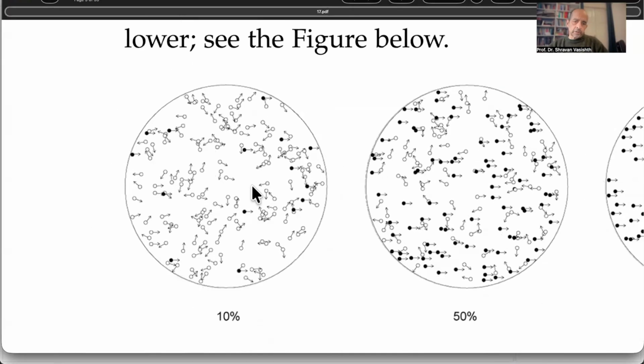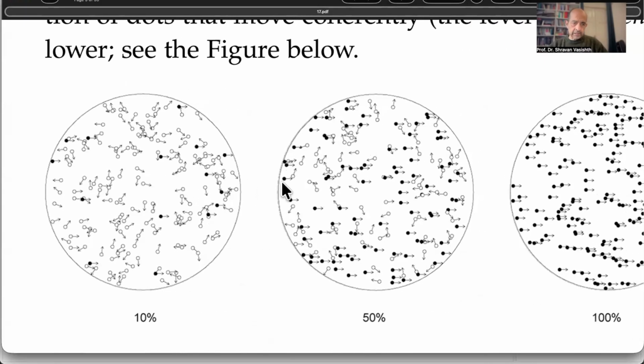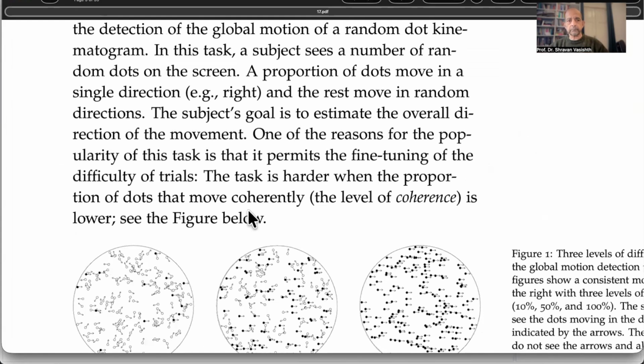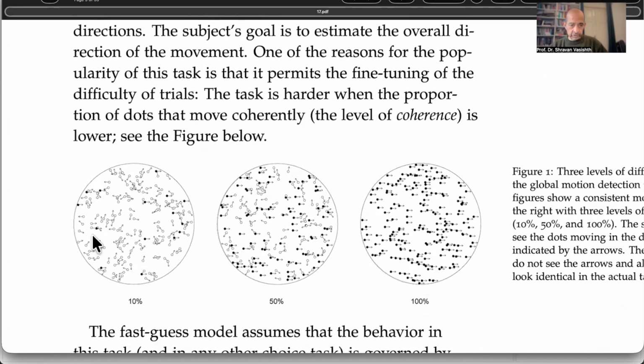So the subject's task is to figure out what the overall direction of movement is of the dots that are moving in a particular direction. Okay, so right or left and so on, right?